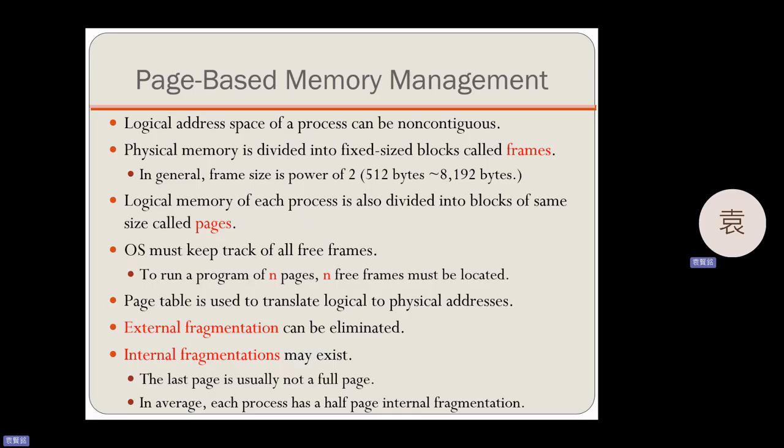So to run a program of n pages, we need to find n free frames to allocate these n pages. And these n frames don't need to be contiguous. As long as we maintain a mapping table with n entries, one entry per page, for example the first page may be stored in frame 3, and the second page may be stored in frame 6 of physical memory, and so on.